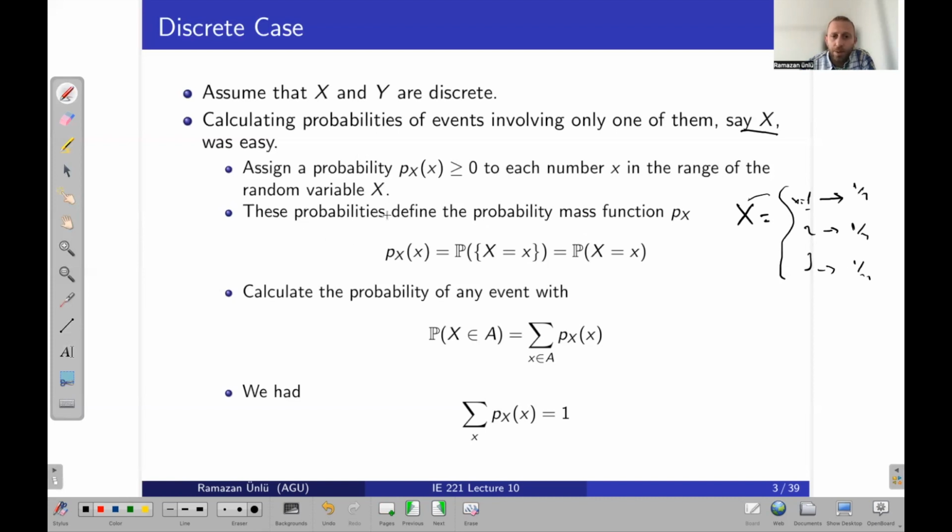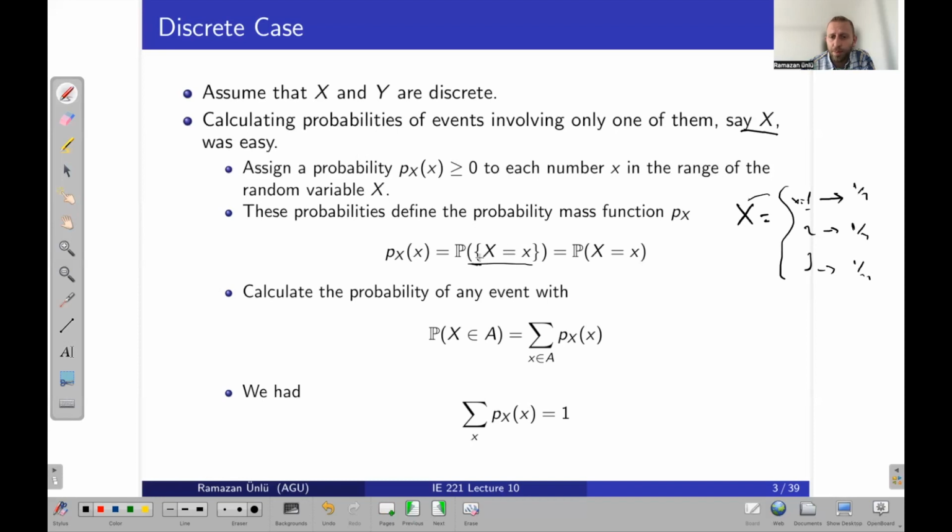These probabilities define the probability mass function, the PMF, from the previous lectures. We show that p of x is the probability that capital X is equal to small x.